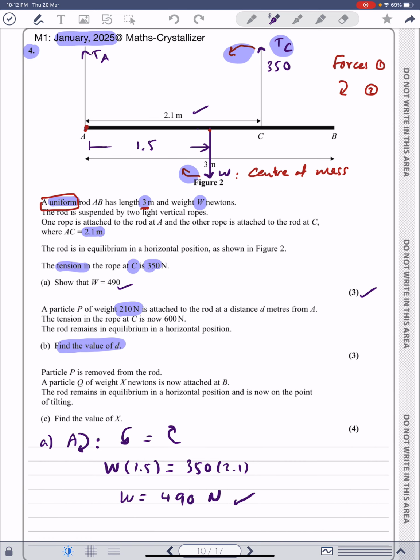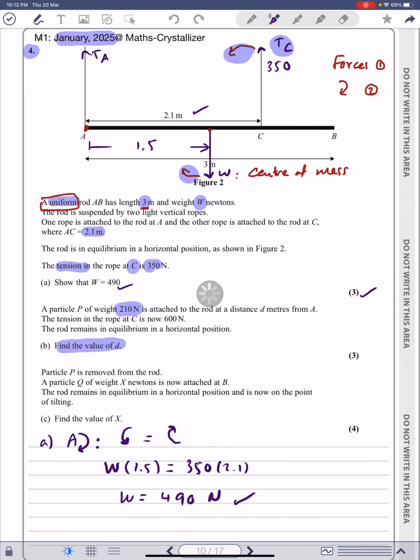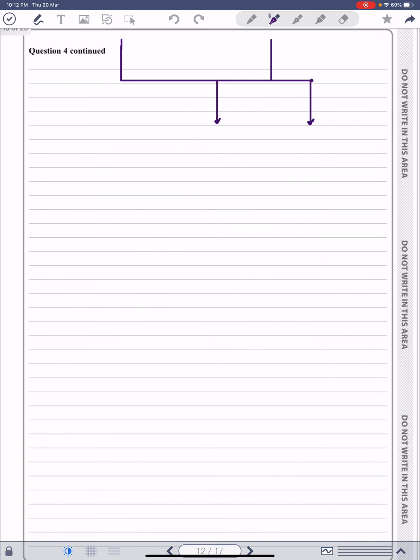Part C is saying the particle P now is removed from the rod. Another new information. So look, I did here: prepare, check, test yourself and draw a new sketch. The rod remains in equilibrium. The particle Q of weight X newtons is now attached at B. So this particle Q here now with force X newtons.